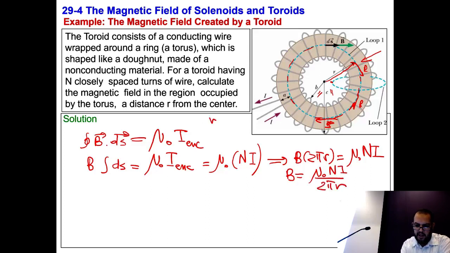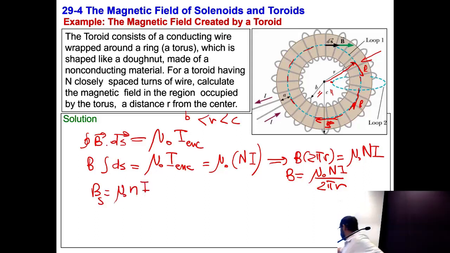This is for r between the radius b and c. Notice this is different from the previous equation. For the solenoid, we said B is mu 0, the number of turns per unit length, times I. Here, for a toroid, it goes as 1 over r.